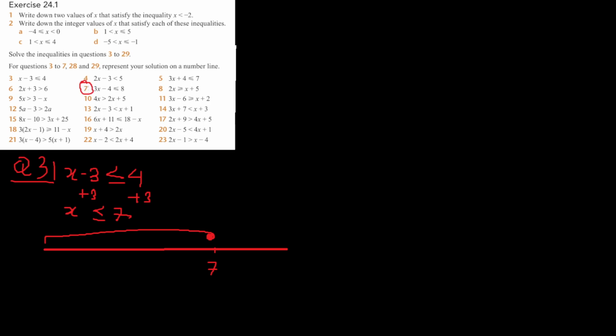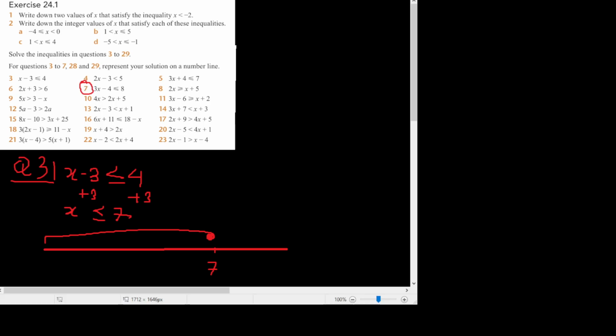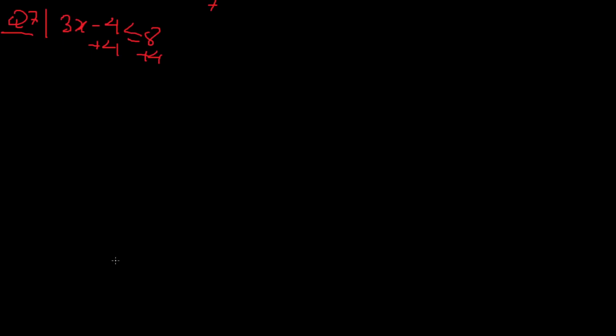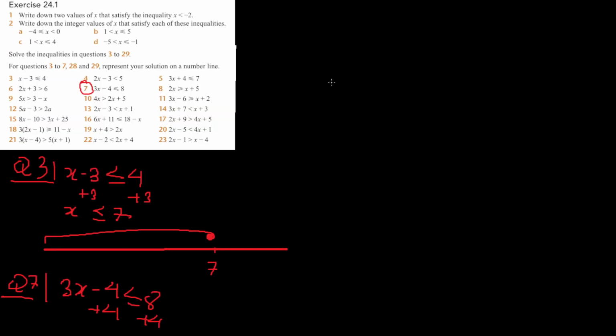Let's do number 7. So question 7, 3x minus 4 is less than or equal to 8. So we can add 4 here as well as here, and then we get 3x, remove the 4 here, but increase it to 12, and we can basically divide by 3, so x is less than or equal to 4.